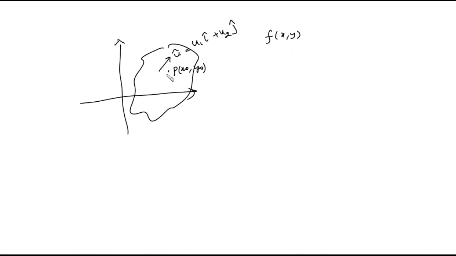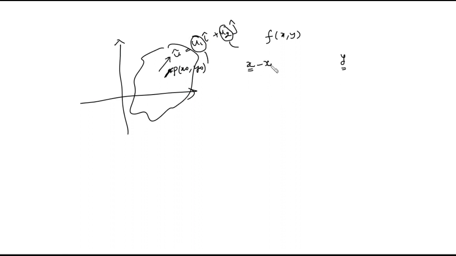So we want to find out the derivative of the function at the point P in a direction of u cap, right? That means we are changing the variable x and the variable y with respect to u1 and u2, with respect to the x coordinate as well as the y coordinate.